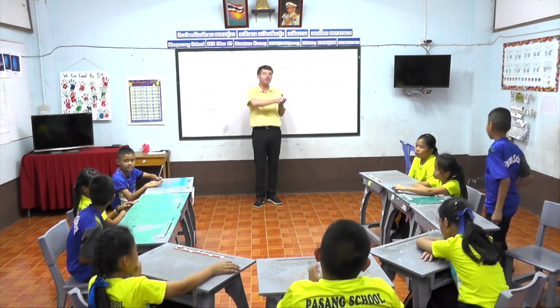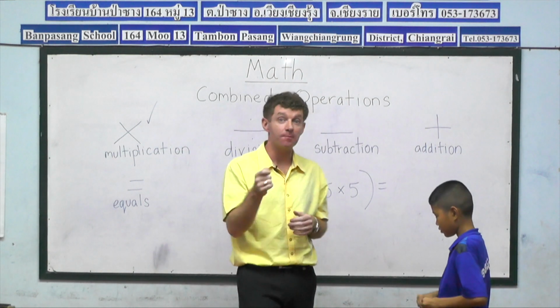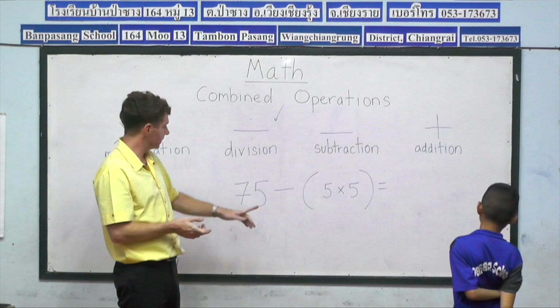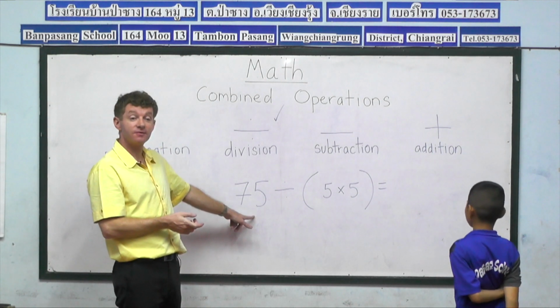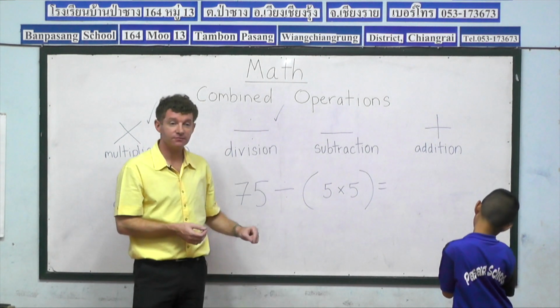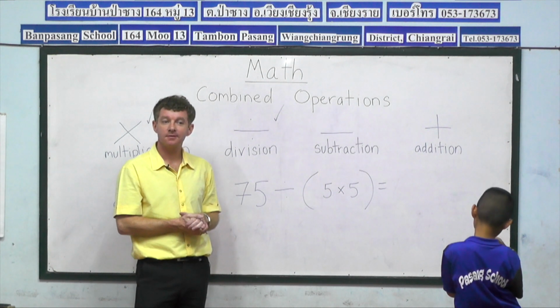Pangpon, come and join me at the front, because Pangpon is going to demonstrate our next combined operation. So first of all, let's read together. 75 divided by 5 times 5 equals.